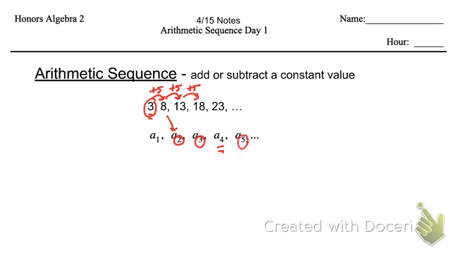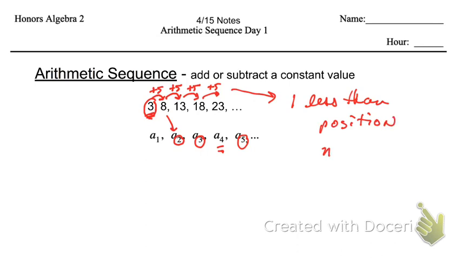To get to the fifth position, if we started at 3, how many 5s would we add? 4. So what can we say about the number of 5s that we add? It's always 1 less than the position. Okay, so keep that in mind here. So that means if our position is n, we will always add n minus 1 of those 5s. All right.